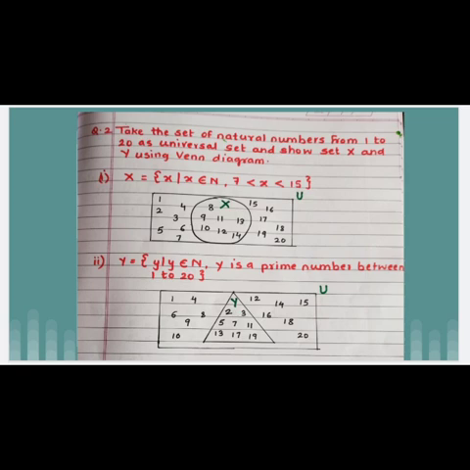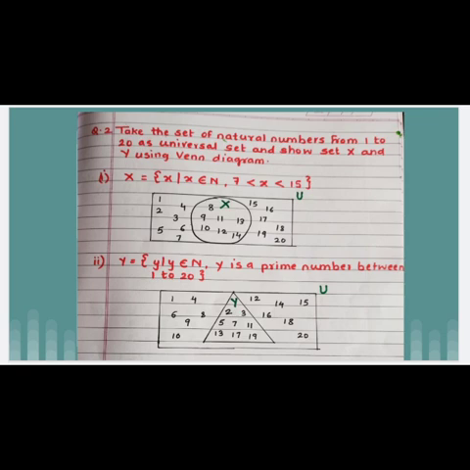That means 1, 2, 3, 4, 5, 6, 7. Okay. And here in the circle, the last element is 14. Then after 14 we will start again: 15, 16, 17, 18, 19, 20. Okay. Next one. Understood the first question?